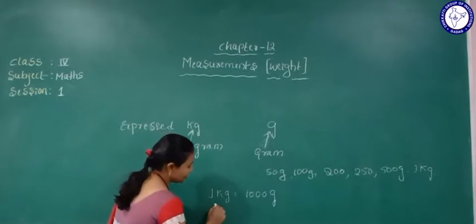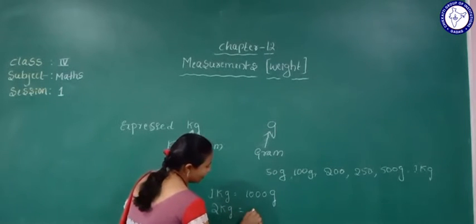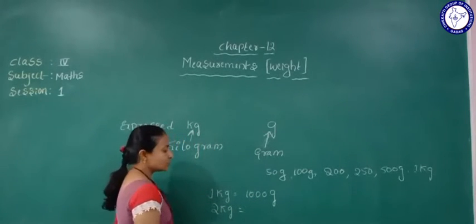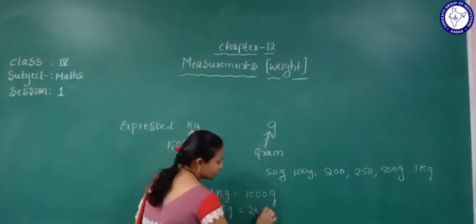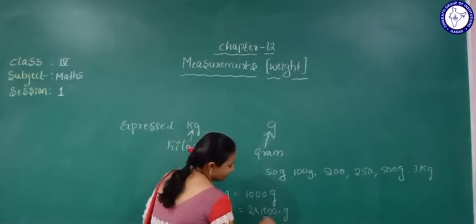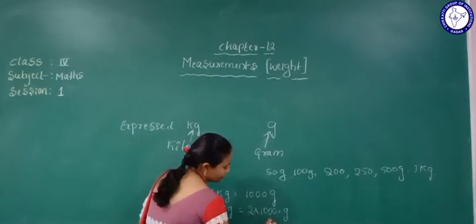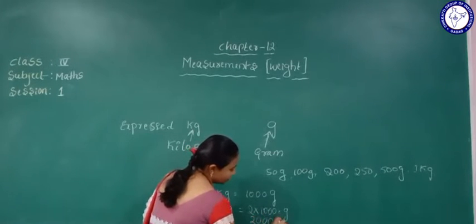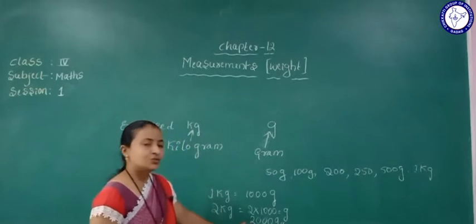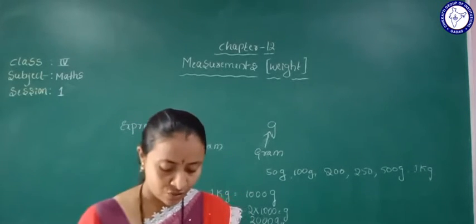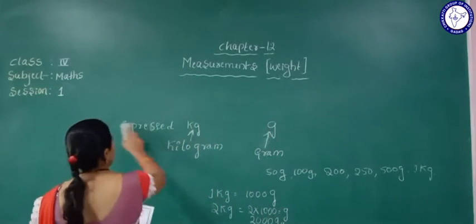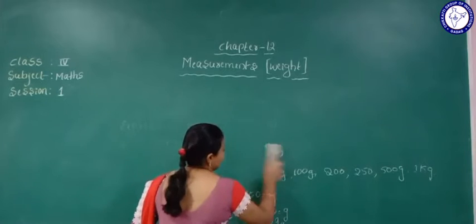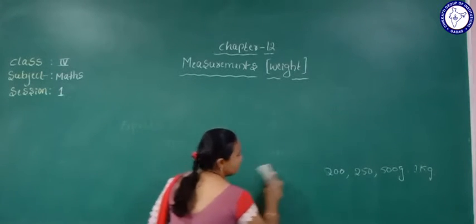If it is 2 kg, how much is it? We multiply 1000 by 2, which is 2000 gram. 2 kg is 2000 grams. So remember, 1 kilogram is equal to 1000 grams. Okay, one example we'll see now.